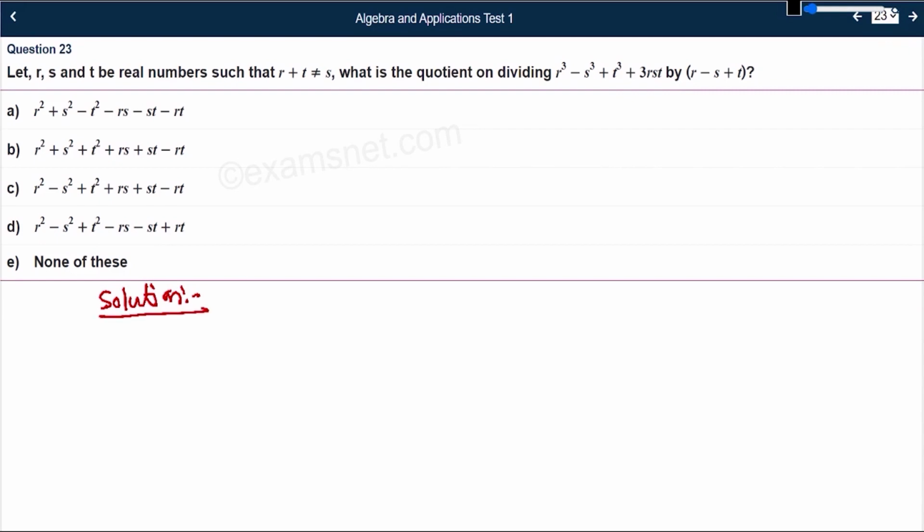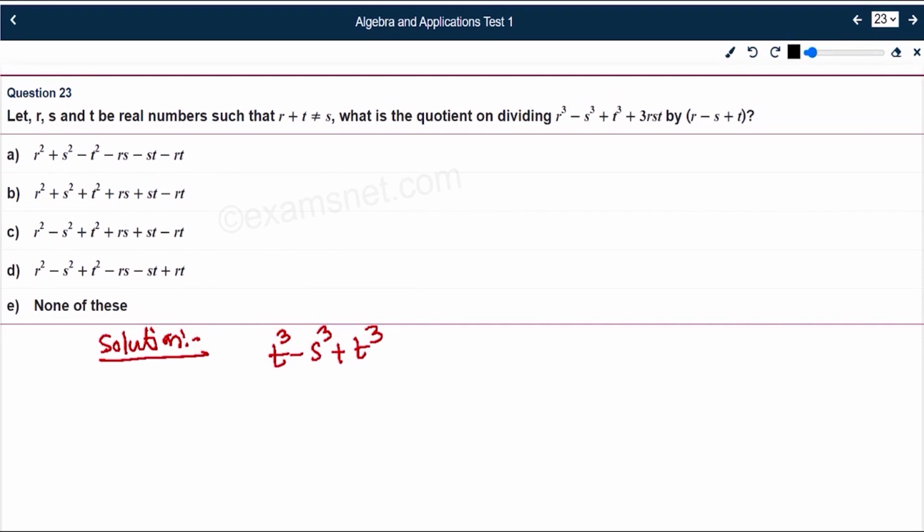Let me first write it: r cube minus s cube plus t cube plus 3rst. Can you use any formula?